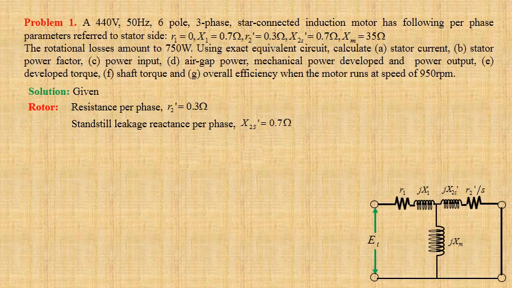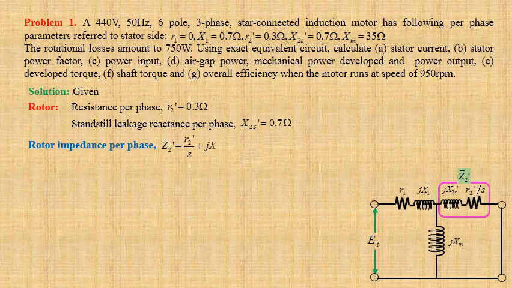For any value of slip S, expression for rotor impedance per phase referred to the stator Z2 dash equals R2 dash by S plus jX2S dash. We have determined slip S equals 0.05 per unit.